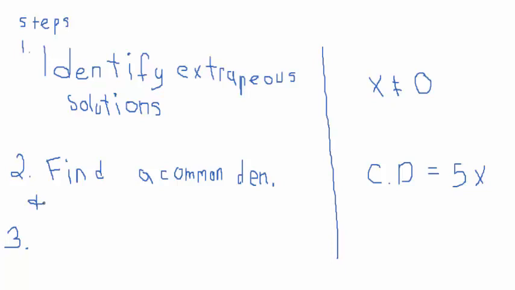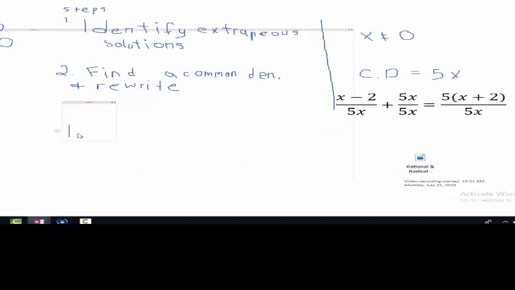We are rewriting the fractions with the common denominator. Okay, so we've made 5x our common denominator and changed the numerator accordingly. Now we can multiply through by our common denominator, which eliminates the denominator.